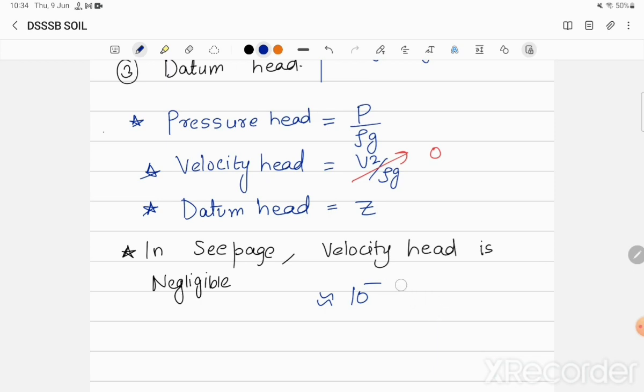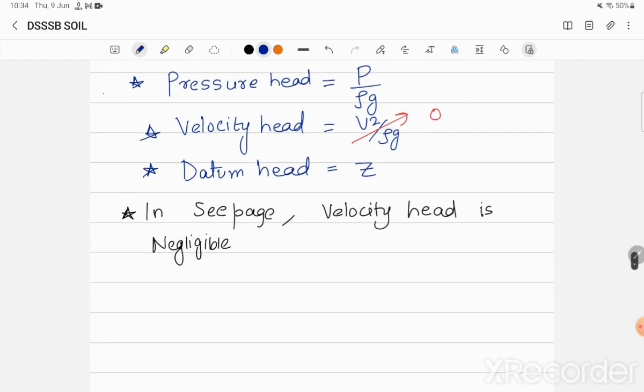So hence we don't take this thing into account. Hence velocity head is ignored. Hence total head in seepage remains pressure head plus datum head.